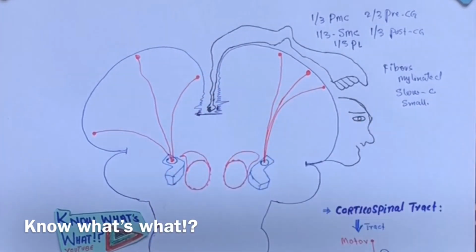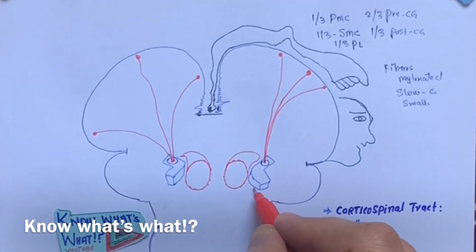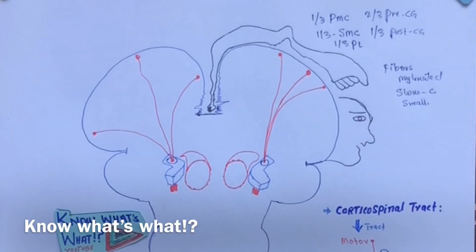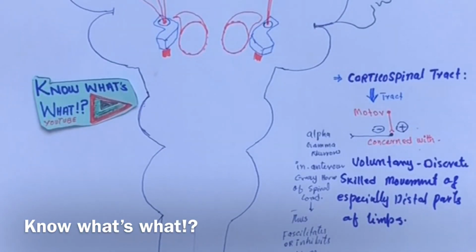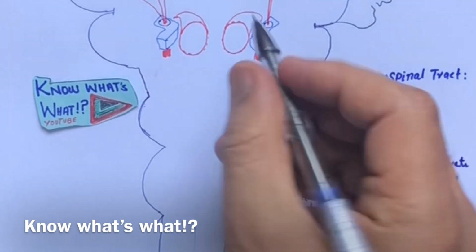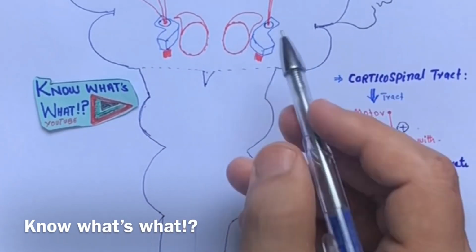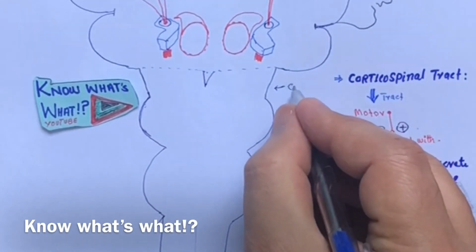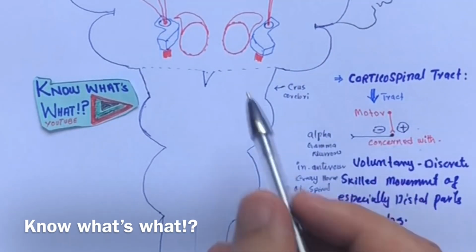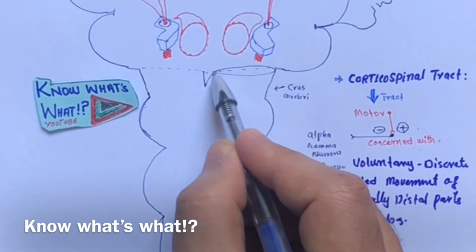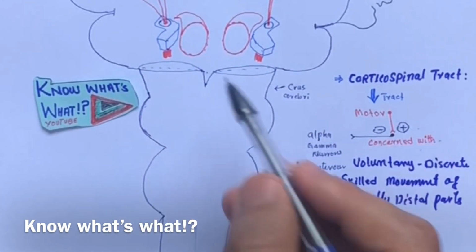Now, these fibers will go down to the midbrain. In the midbrain, they will pass through the middle 3/5 of the basis pedunculi of the midbrain. Here are the peduncles of the midbrain, and these peduncles are connecting the brainstem to the cerebral hemispheres, which is called the crus cerebri.